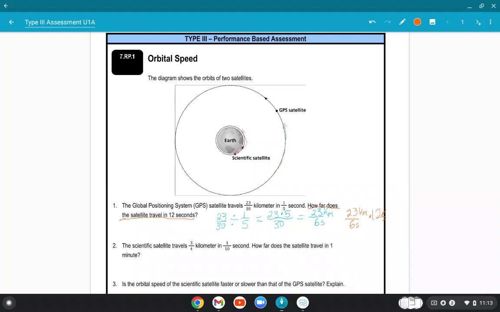The S's cancel out because you've got an S on the top and an S on the bottom. And since 2 6s fit into 12, I can change this into 1, change this into 2. So 23 times 2 is 46. And since kilometer is the only word that I have left, there you go, my final answer for part 1.